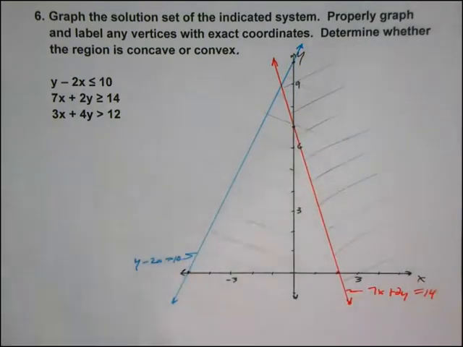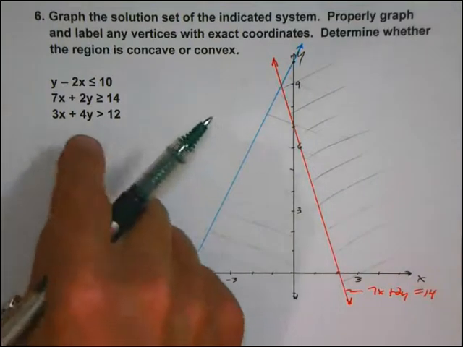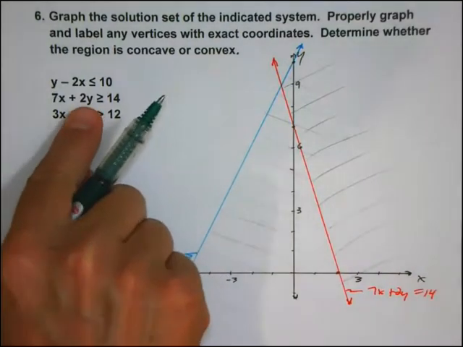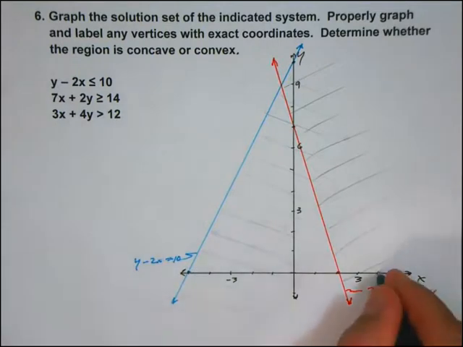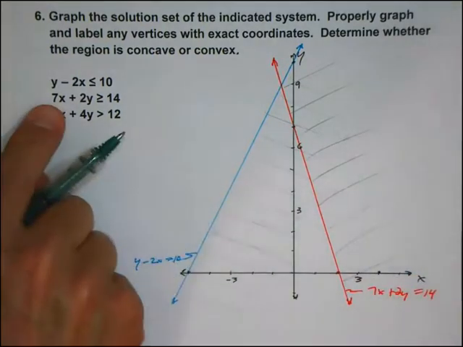We have a third inequality to further intersect things here. Getting another contrasting color, let's graph the boundary line. We let y be 0, x is 4. We let x be 0, y would be equal to 3.